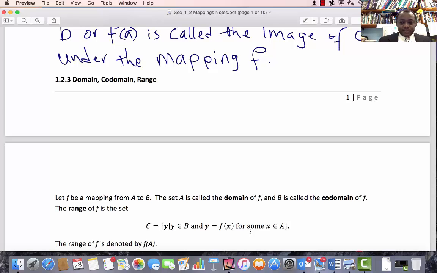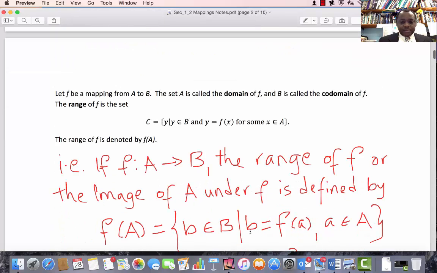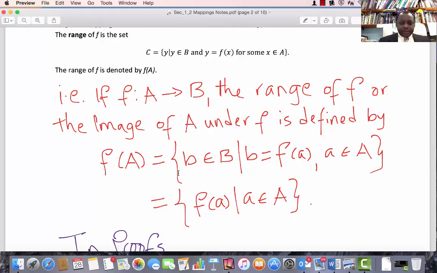Now let's break that down a little bit better. So this is what we have here. If f is a mapping from A to B, A is your domain, B is your codomain.